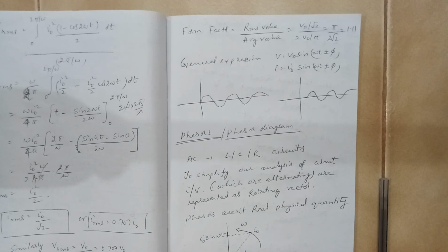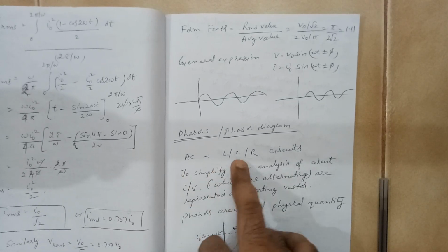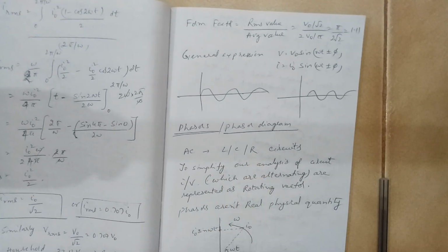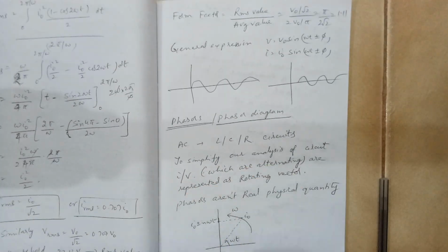They are developed only to simplify the circuit and the understanding of the circuit. Usually an AC circuit will have an L component, means an inductor, a capacitor and a resistor, or all three, or a combination of one and two. So the circuits become sometimes very complicated. So phasors and phasor diagrams help us understand and analyze the circuit easily.